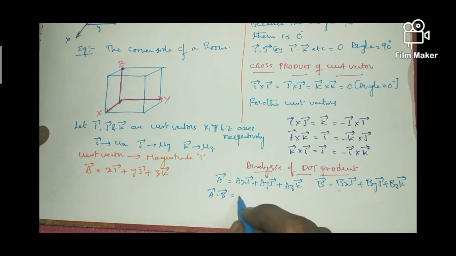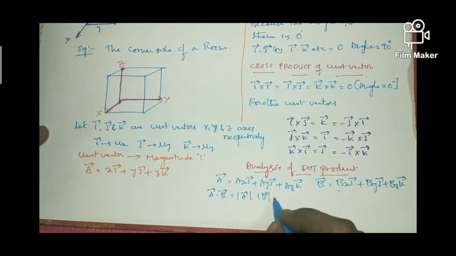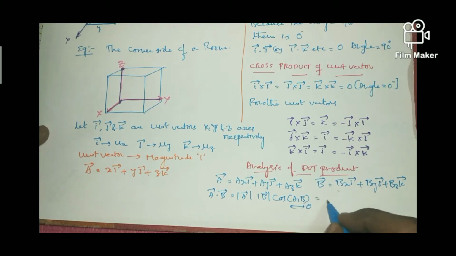Now if we consider the dot product a bar dot b bar, modulus of a bar into modulus of b bar into cosine of the angle between a and b, let us consider it as theta, then this is equal to a into b into cos theta, where a and b are the magnitudes of vector a and vector b.